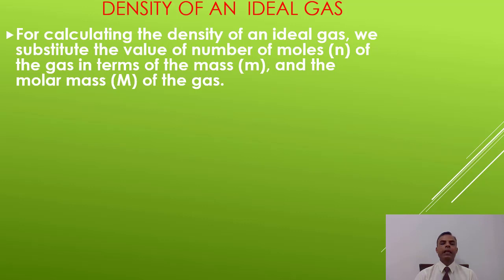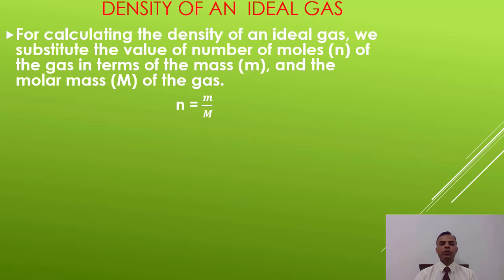We have already learned about the mole in chapter number 1. Number of moles is equal to mass over molar mass, that is n is equal to small m, which represents the mass of the gas, over capital M, which represents the molar mass of the gas.